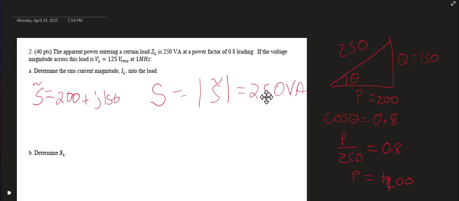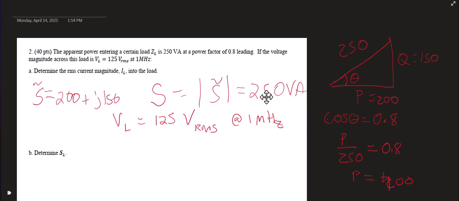Okay, now it's asking for the RMS current magnitude into the load. All right, so I have the voltage magnitude across the load. VL is 125 V, and it's telling me it's RMS. That's important, at 1 megahertz.